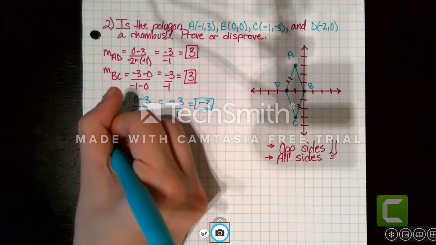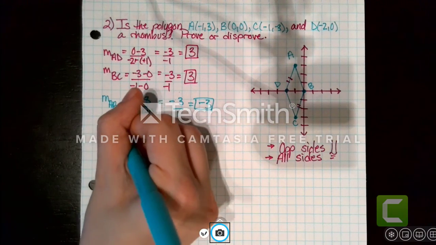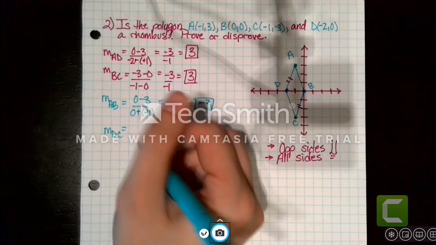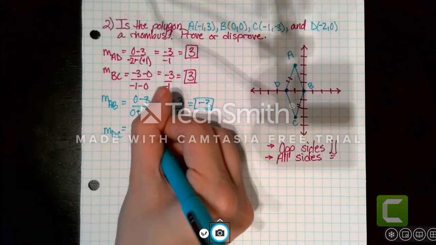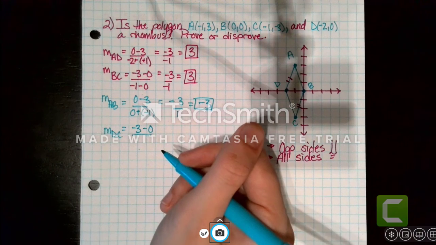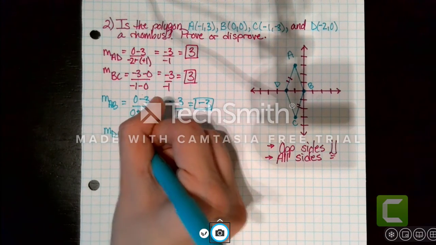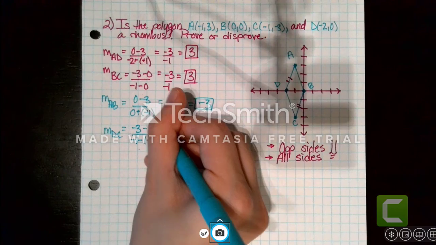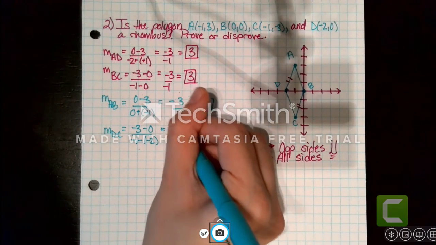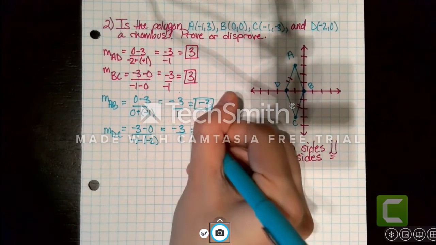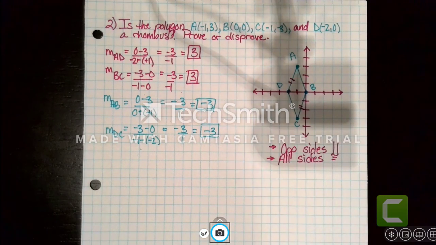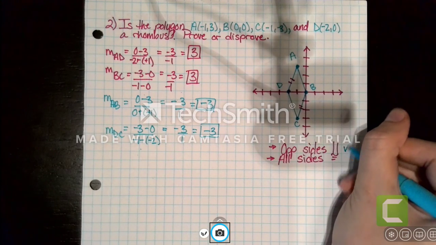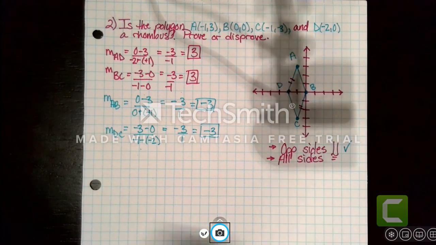And finally, the slope of DC is equal to -3 minus 0 all over -1 minus -2, which will again get you a value of -3.